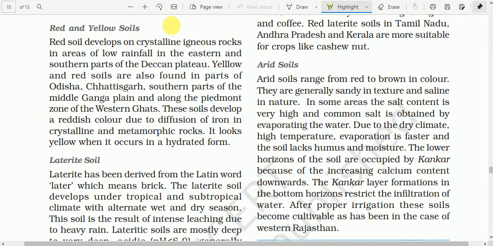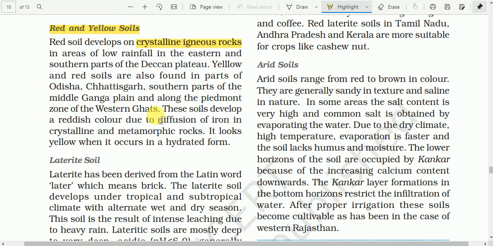Yes, sir. Okay. So this is the third type of soil, red and yellow soils. Now let us read. Red soils develop on crystalline igneous rocks. Crystalline, you know, very hard, old igneous rocks.